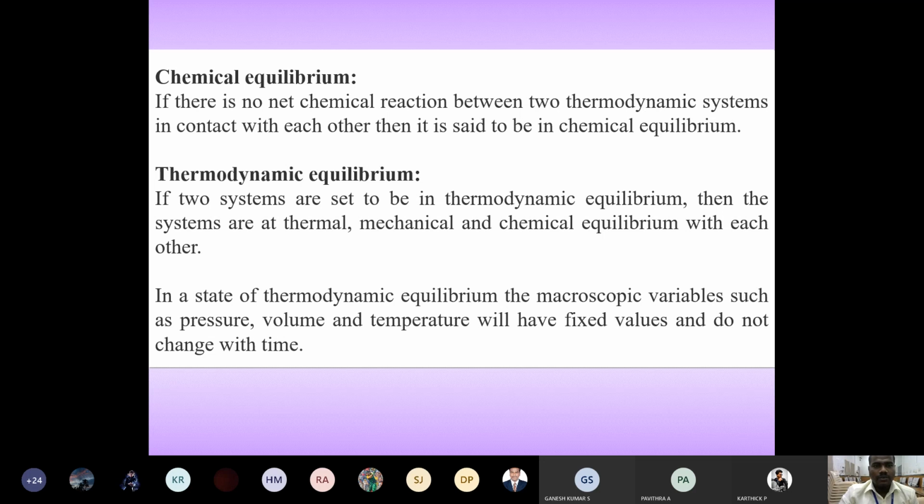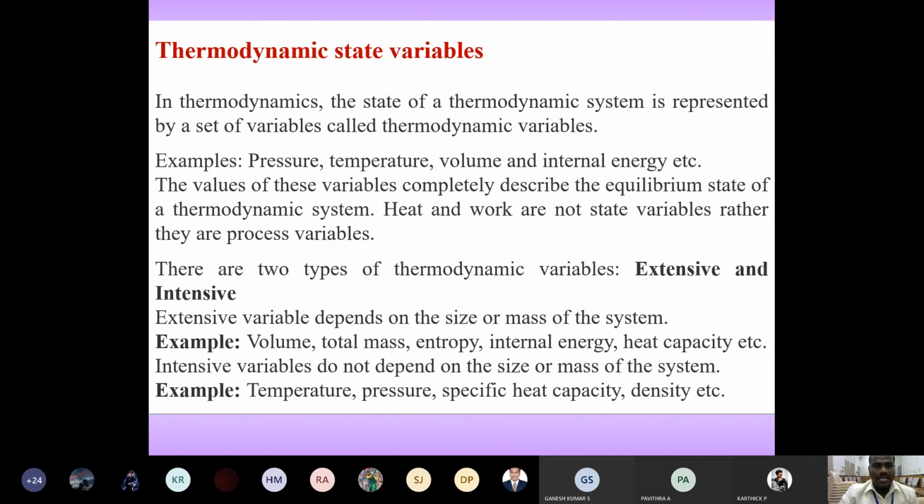Then we can move to the next slide. The next important term used in thermodynamics: state variables. In thermodynamics, the state of a thermodynamic system is represented by a set of variables called thermodynamic variables. So the state can be determined by the thermodynamic variables.